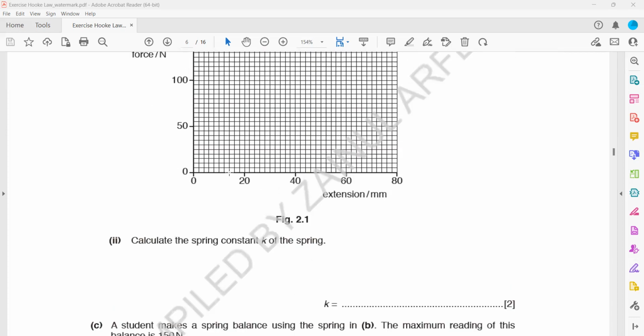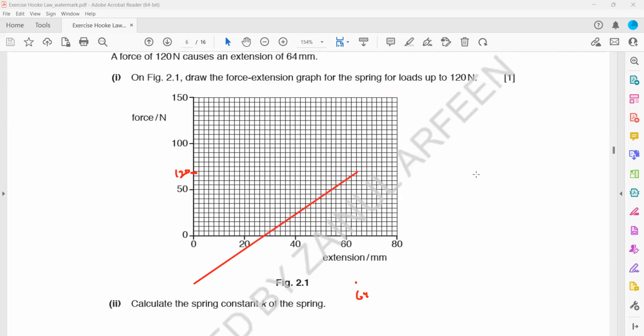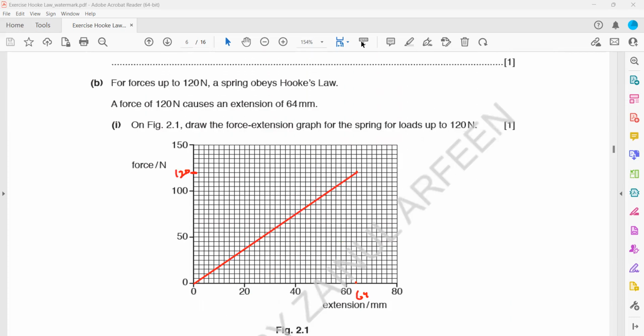Then calculate the spring constant. How can we calculate a spring constant? For a linear region, for the straight line part, you can take any value of the force and the respective extension and just divide them. You can take any point. For example, you can take the last point. According to this last point, the force is 120 and the extension is 64.